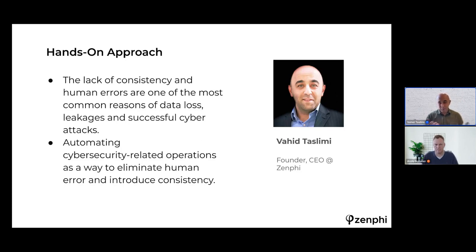One is reducing, to your point, human errors, directly and indirectly. Directly, by automating some of the security-related processes and auditing them well, and even using AI to monitor some of those aspects, like requests for resetting passwords coming in.